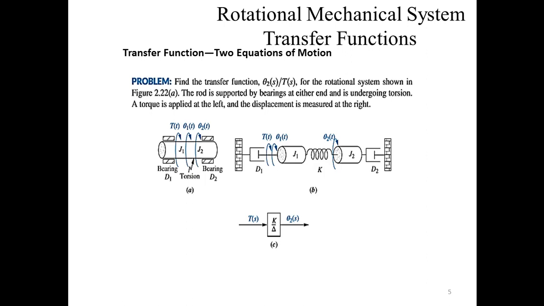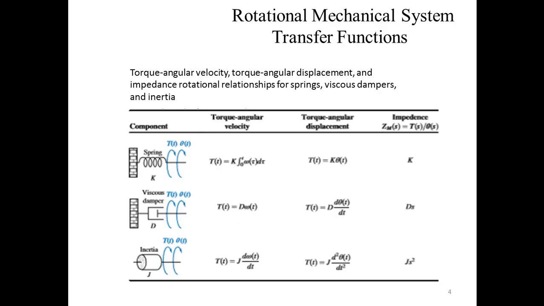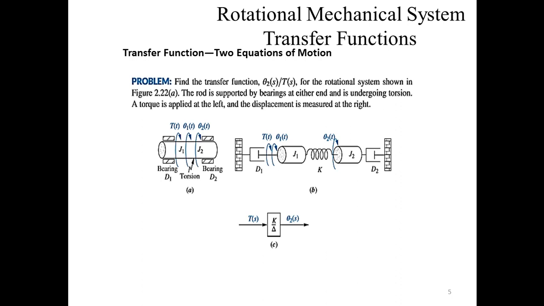There was a system whose input was a torque that you were giving to the system, and the motion of the body J2 was the angular displacement phi 2. So you have to calculate phi 2 divided by T of s to find the transfer function.